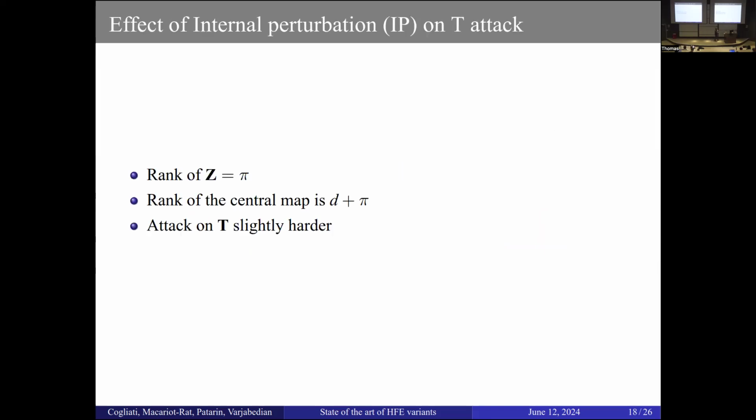So overall, the attack on T does not change a lot, because the attack on T only relies on the rank and not the form of the matrix. So the rank of the Thompson map will be D plus pi, where pi is the rank of the added perturbation. So the attack is slightly harder, but not that much.